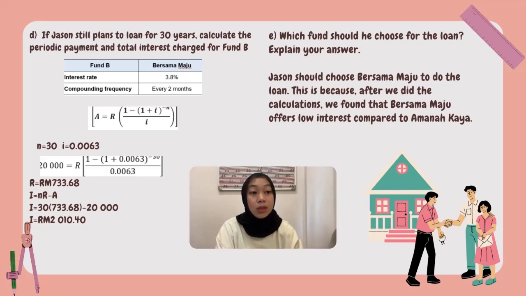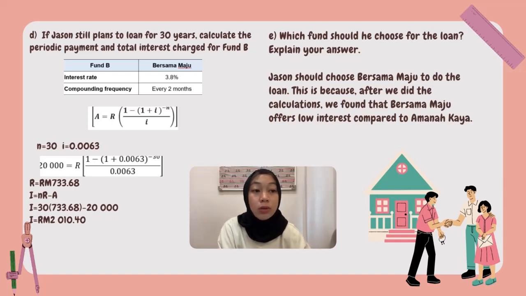In this discussion, use the formula A equals R multiplied by 1 minus (1 plus i) to the power of negative n, divided by i. So n equals 30 and i equals 0.0063.